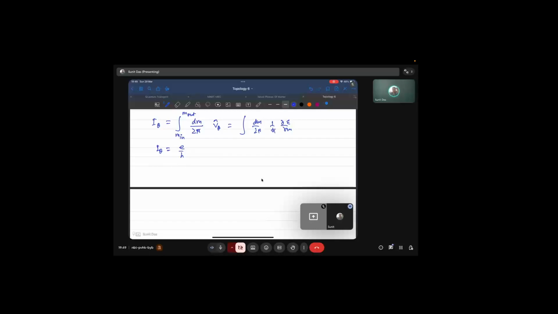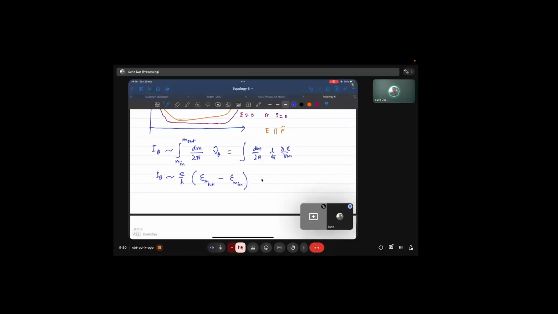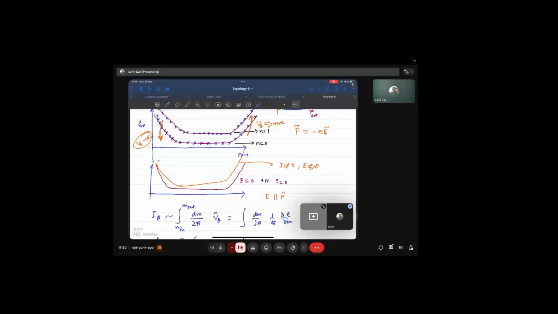So these are just estimates. Epsilon are the energies corresponding to m, and remember this corresponds to one Landau level, right? So we are kind of focusing here only.